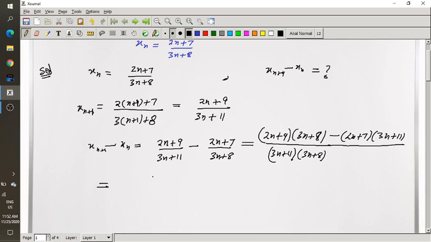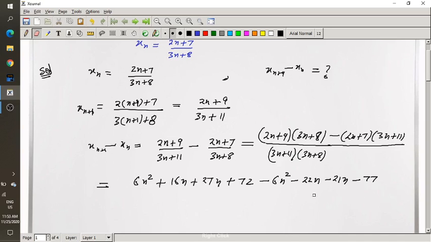So I will open the brackets. 2n into 3n is 6n square, 2n into 8 is 16n, 9 into 3 is 27n, and 9 into 8 is 72, minus 2n into 3n is 6n square again, 2n into 11 is 22n, 7 into 3 is 21n, and 7 into 11 is 77.